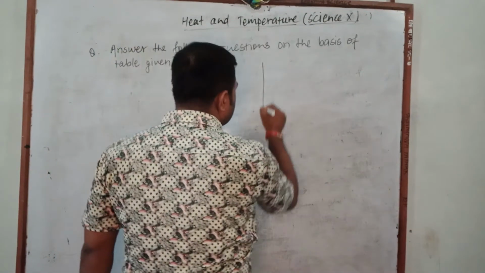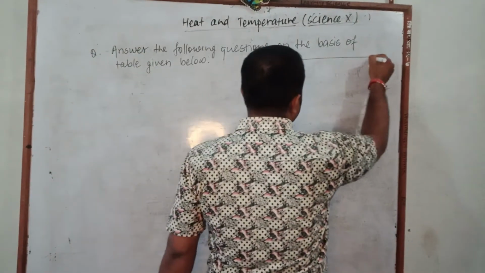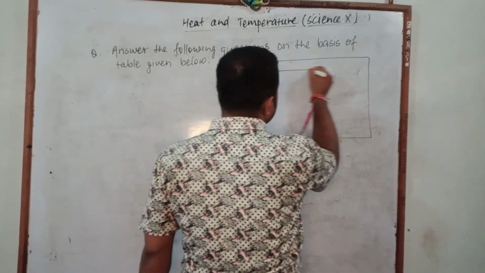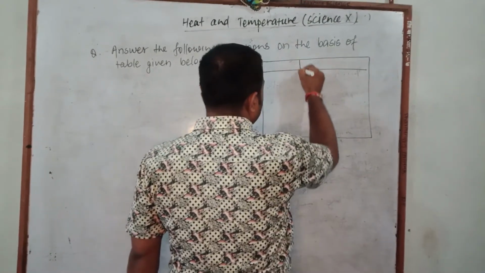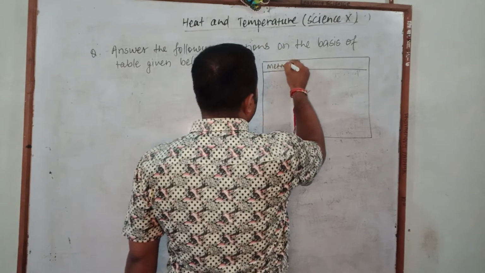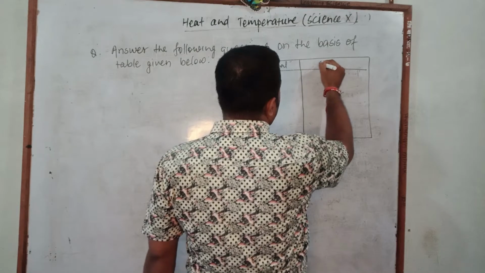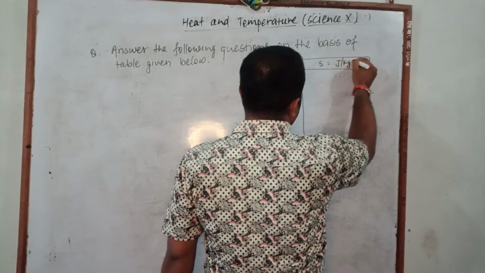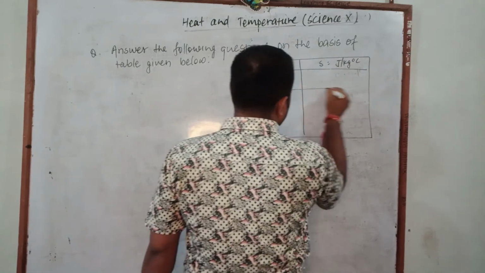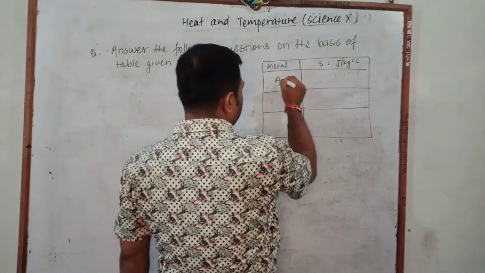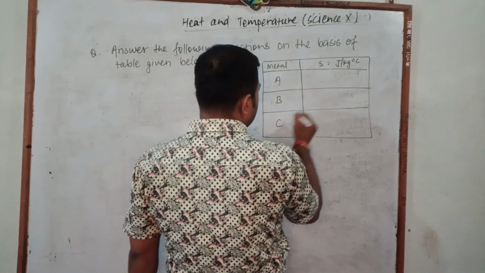The table explains the nature of a material and its specific heat capacity. Suppose a metal and its specific heat capacity are given in joule per kg degree Celsius. And here we consider three materials, A, B and C.